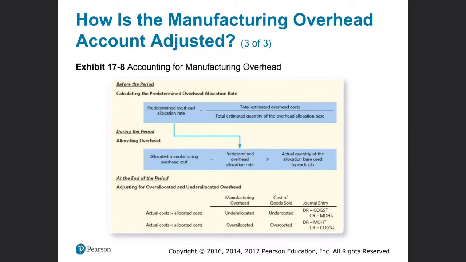To figure it out, we're going to take our total estimated overhead cost divided by our total estimated quantity of the overhead allocation base. And that's going to tell us what our predetermined overhead allocation rate is.